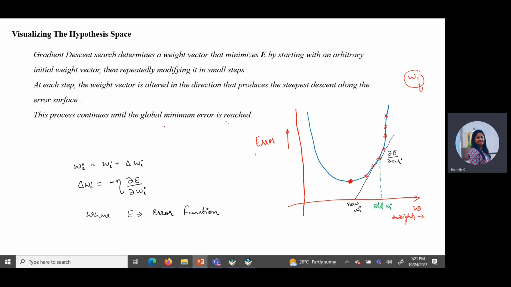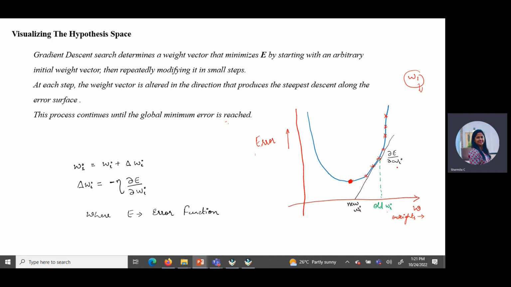The process continues until the global minimum error is reached, which means the error is minimized. Suppose the weight W1 is somewhere here, the old Wi. Each time it moves in the direction of steepest descent until it reaches the global minimum, which minimizes the error. This is the new Wi.